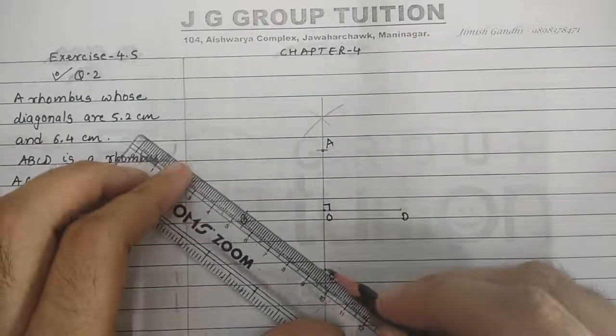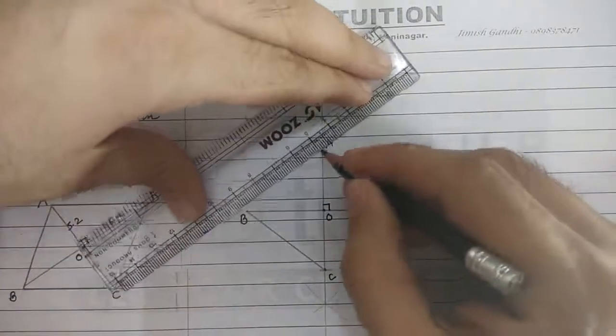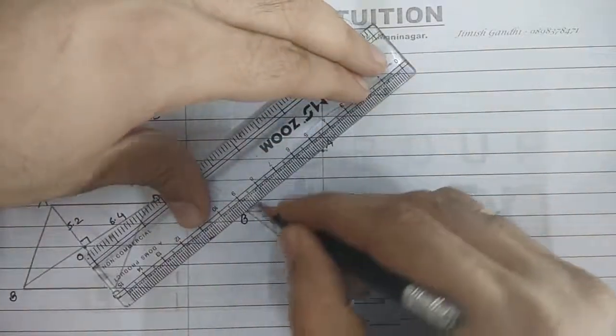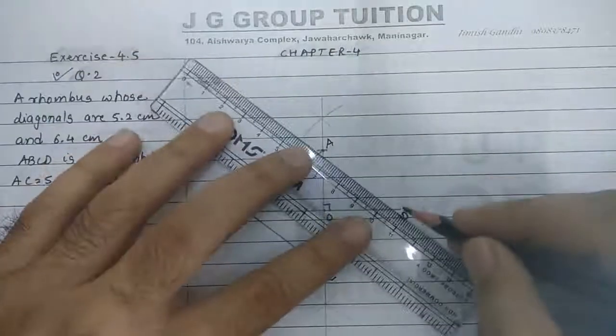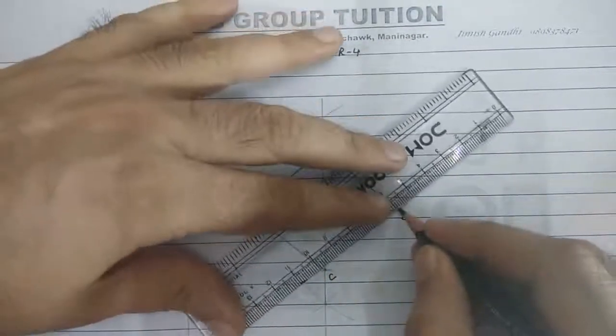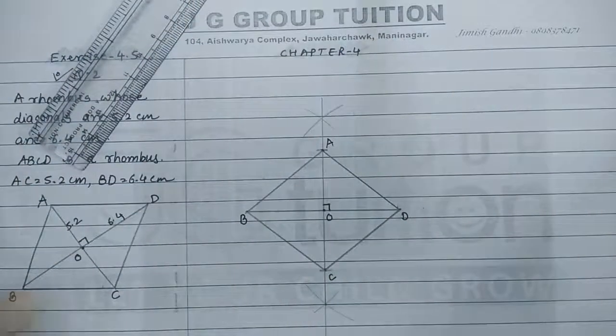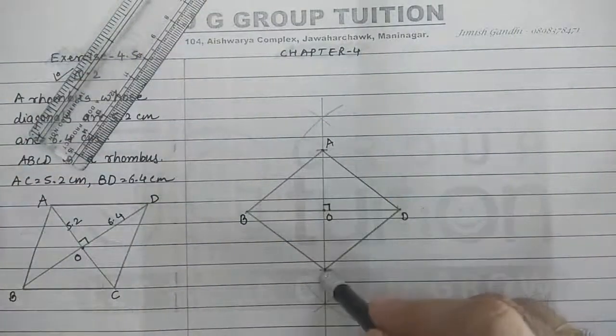Let us join all these points together to form the quadrilateral, the rhombus ABCD. You can see that AB we joined, BC we have joined, AD as well as CD. So now the required quadrilateral, the rhombus ABCD, has AC of length 5.2.